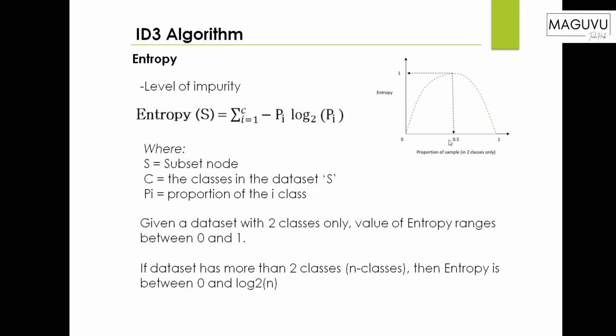In an event that the proportion of the sample in a class is half, that means we have got equal representation of both items in the class, then the entropy is 1, that is, it is at its maximum. In an event that we have got a 1 again and a 0, as we stand there, our entropy still remains at 0.